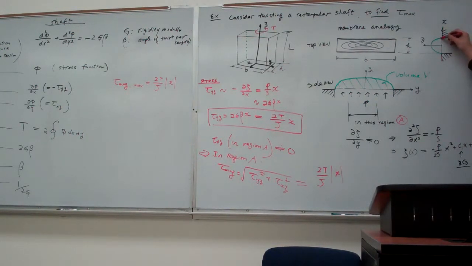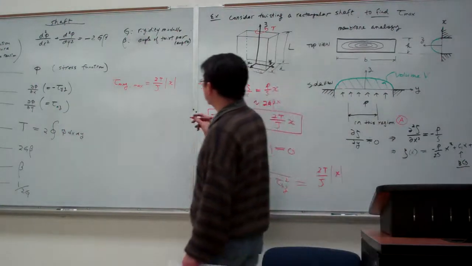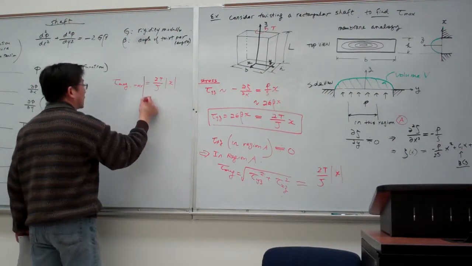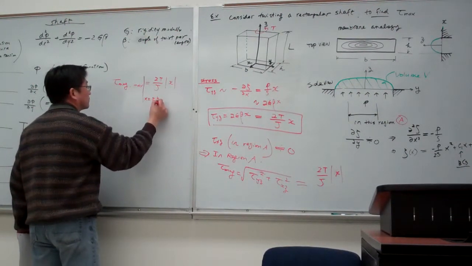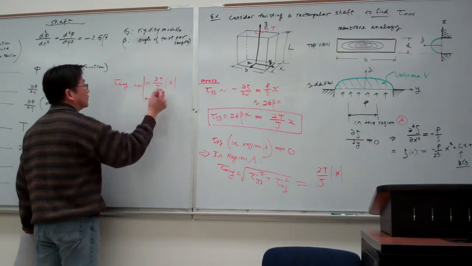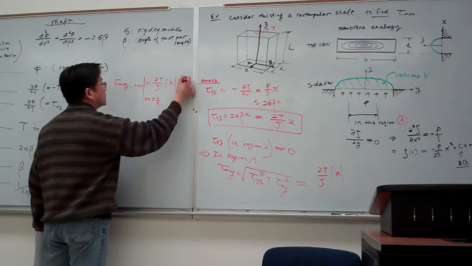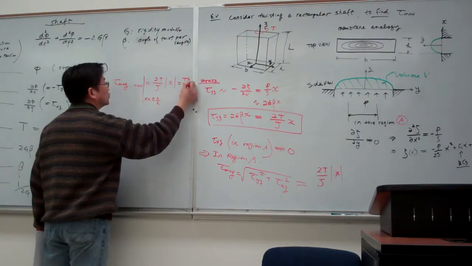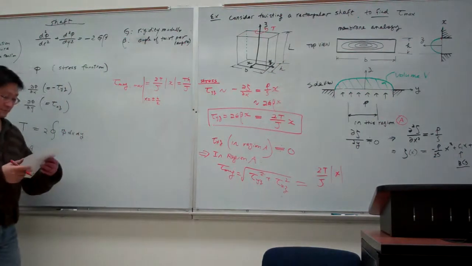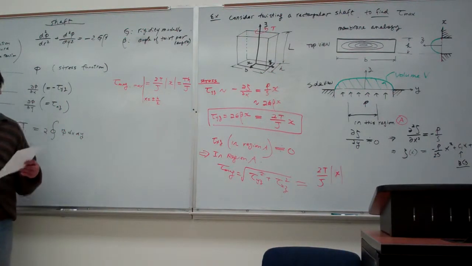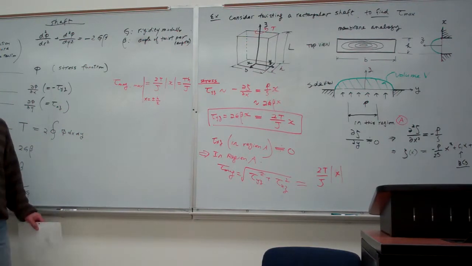That means here and here, when x equals positive or negative h over half. So that one would be equal to t h over j. That's the tau magnitude. Are we okay?